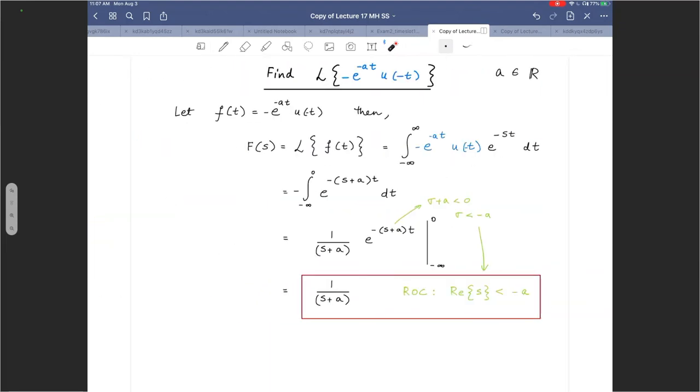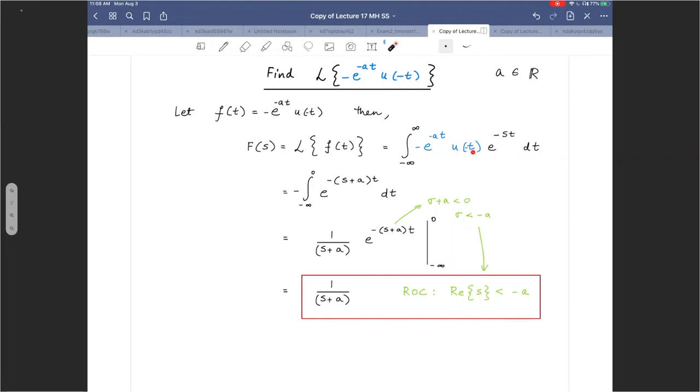Next, let us take a look at the Laplace transform of negative e to the minus at u of negative t. Again, a belongs to the set of real numbers. Similar process: take the function in time, put it in the Laplace integral, negative infinity to infinity, negative e to the minus at u of minus t e to the minus st dt.